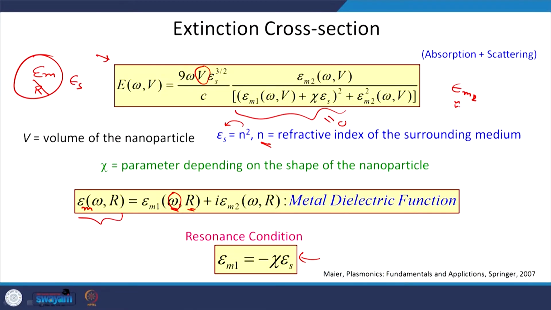So, absorption plus scattering can be written as this equation, and the resonance condition is given by this. So, here when this term becomes close to 0, let us say that epsilon m1, epsilon m2 is kind of negligible. If we consider it to be negligible, then this one is playing the major part, and when this comes close to 0, you have a resonance.